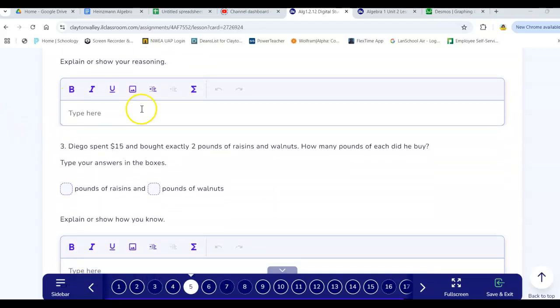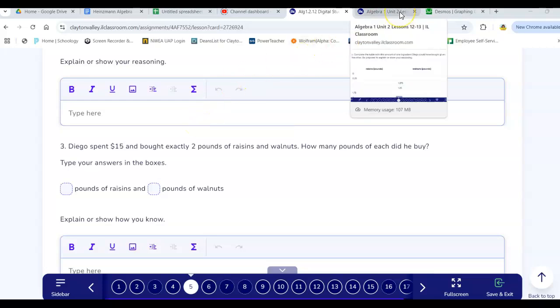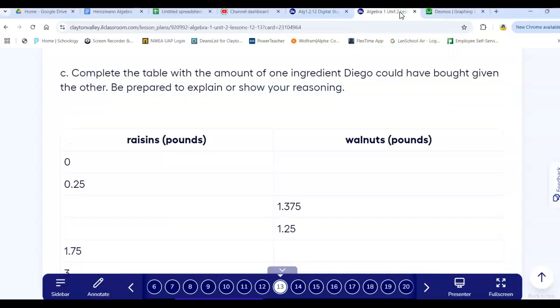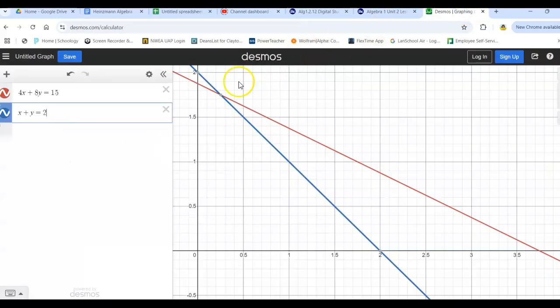So they want you to answer the question. And the question is going to be this point right here.